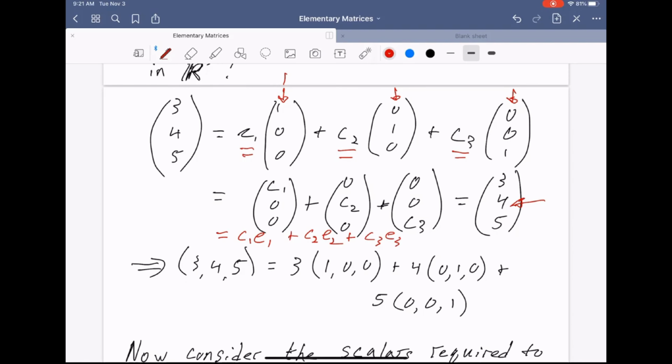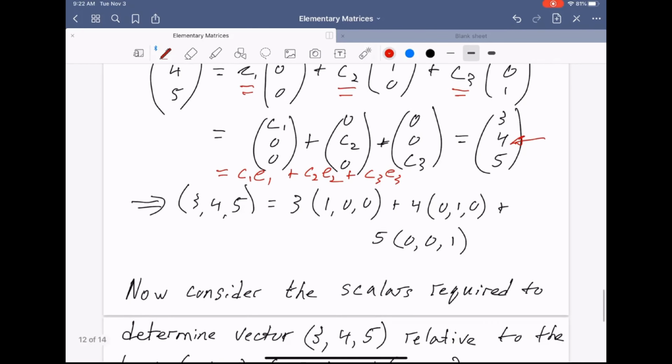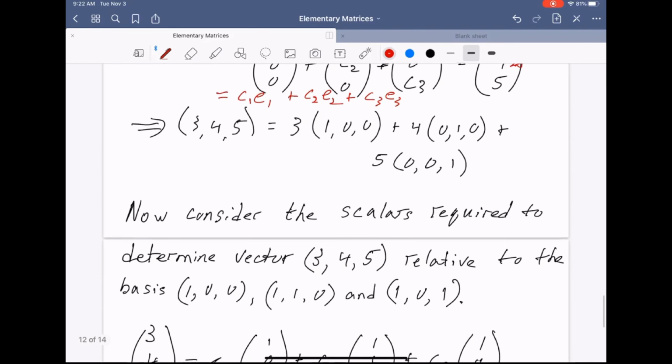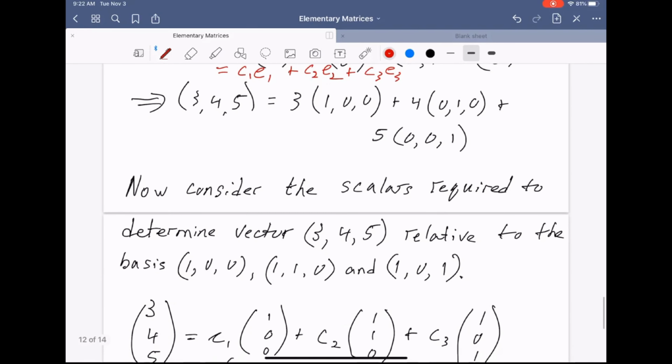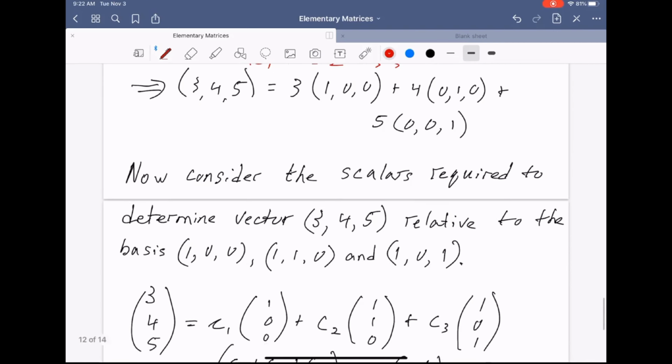Now, suppose we wanted to look at this a little differently, and we're looking at a different basis now. So consider the scalars required to determine what the vector 3, 4, 5 looks like relative to the basis 1, 0, 0, 1, 1, 0, and 1, 0, 1. All right, so let's set it up as before.